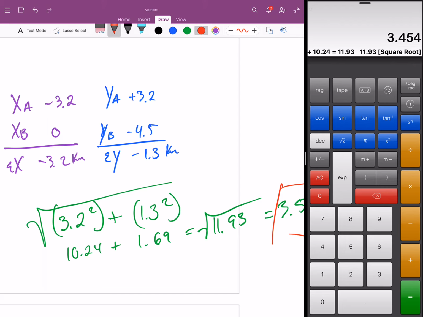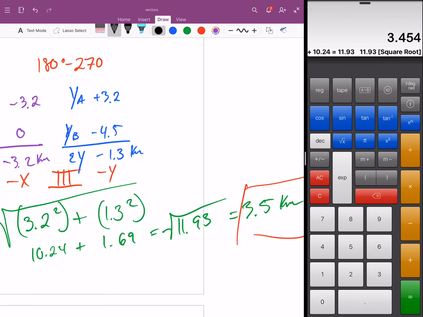Now, looking at the fact you have a negative x and negative y, this will belong to quadrant 3. If you recall, quadrant 3 is responsible for 180 degrees through 270 degrees. Now the inverse tangent.